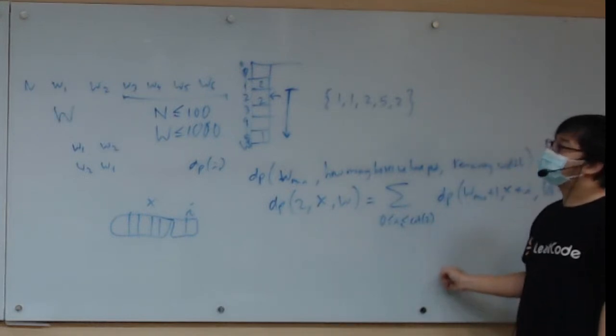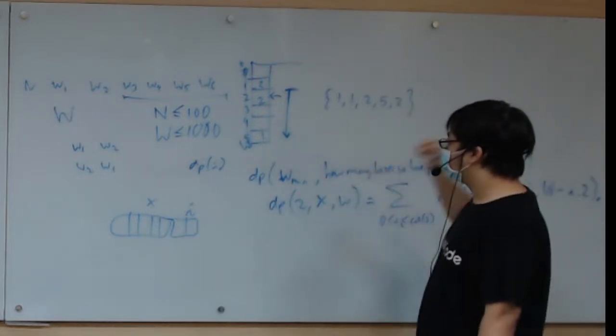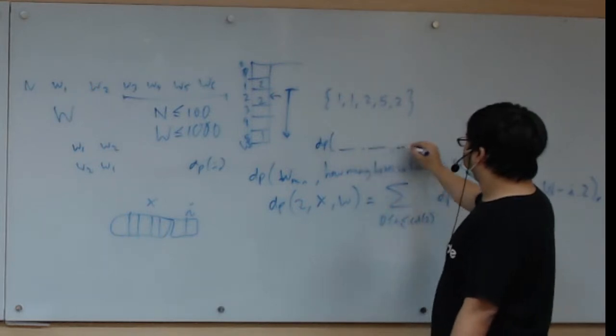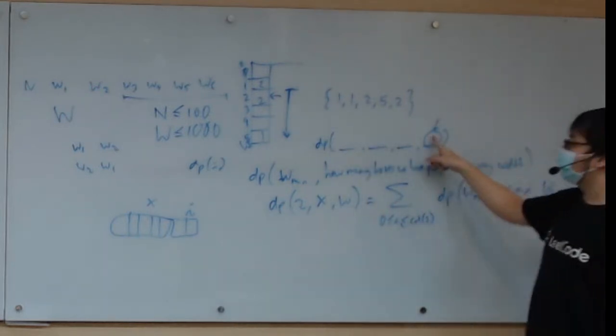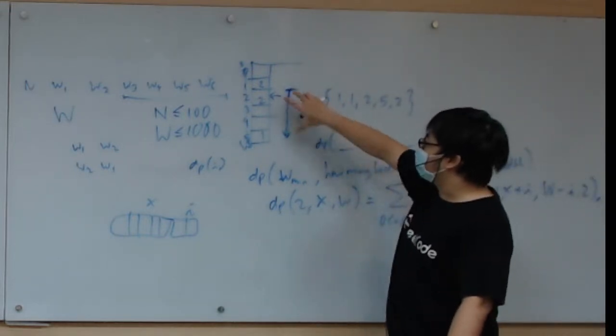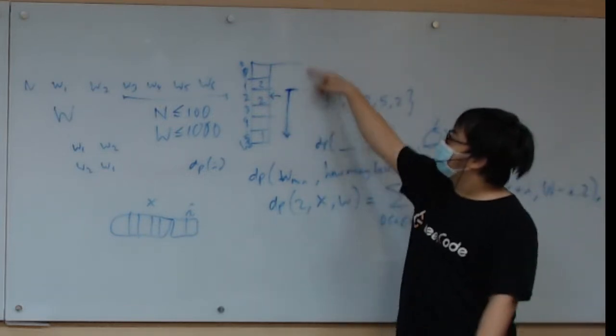Let me make sure I'm still remembering this one. So you can modify the DP to have an extra parameter, a boolean, and this boolean tells you whether you are not allowed to take all of these boxes. So I think you have to do it the other way around.